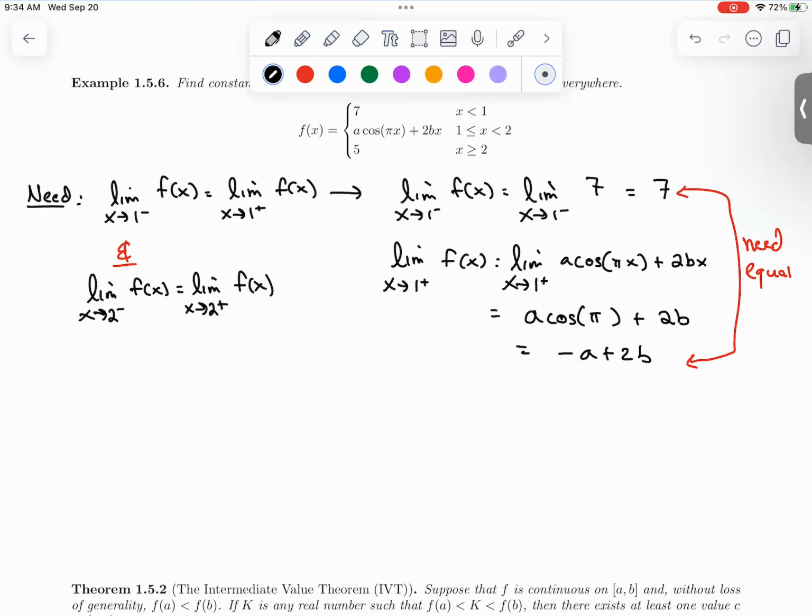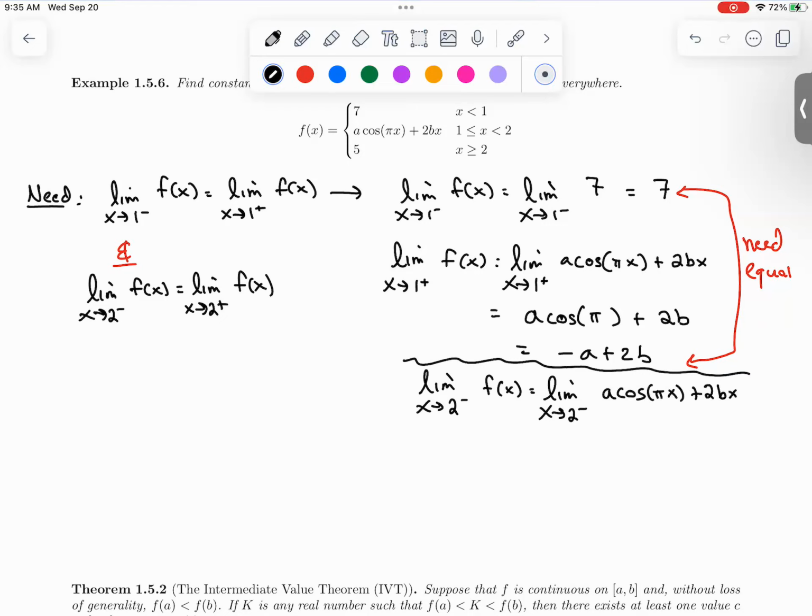And we don't have much room, but the limit as x approaches 2 from the left of f of x, that would be the limit as x approaches 2 from the left of which function? Middle or bottom? If we're doing the left, we're going to be the bottom function. So a cosine of pi x plus 2bx, and we'll plug in 2.